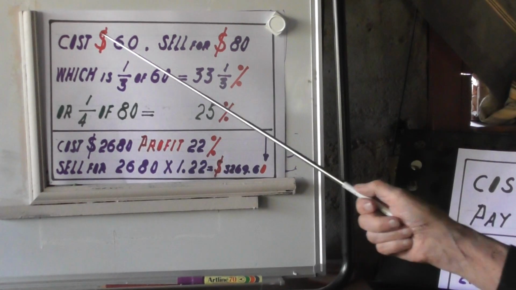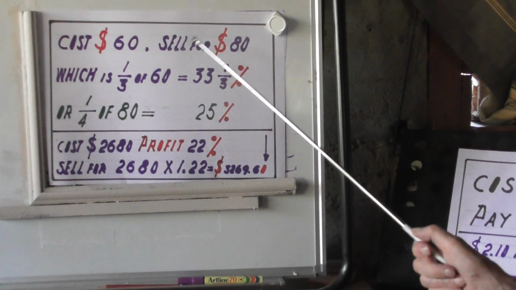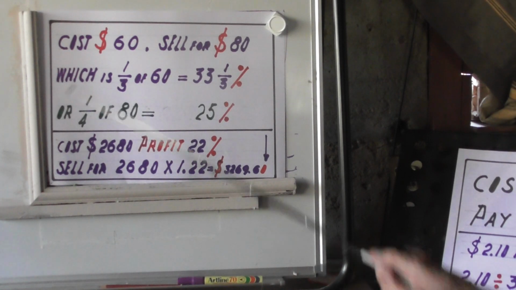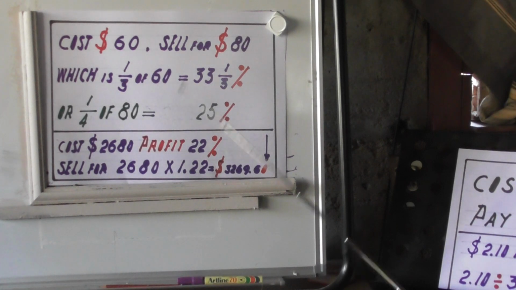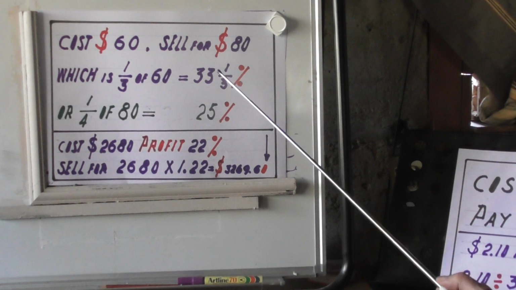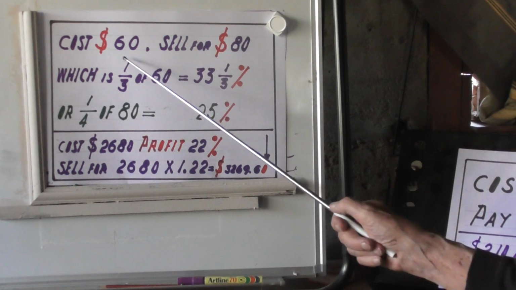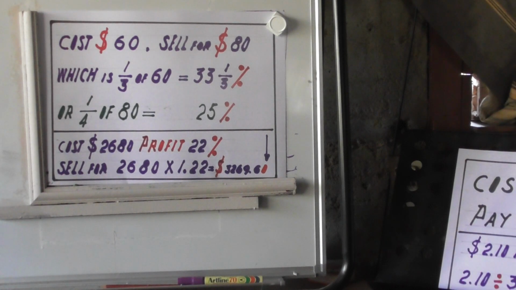A shopkeeper buys something for $60 and he sells it for $80. So he has 20% profit. Now the question is, we have to answer 20% of 60 or 20% of 80.